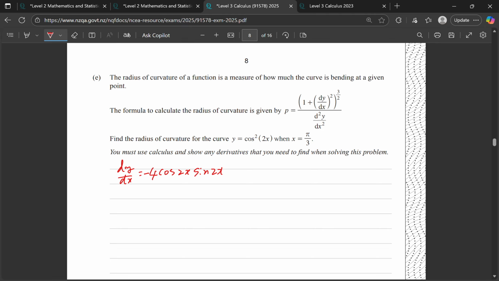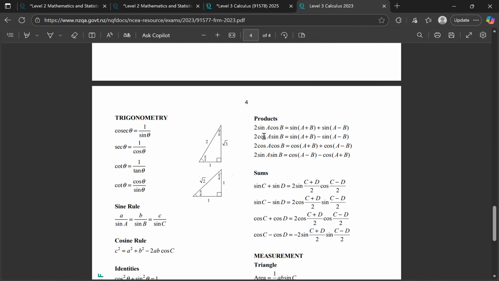Now, what about d squared y/dx squared? The second derivative is when you differentiate this. So you can use the product rule, but I do believe we can use a trig identity. So over here, if we use products, 2 cosine A sine B equals sine(A plus B) minus sine(A minus B), right?